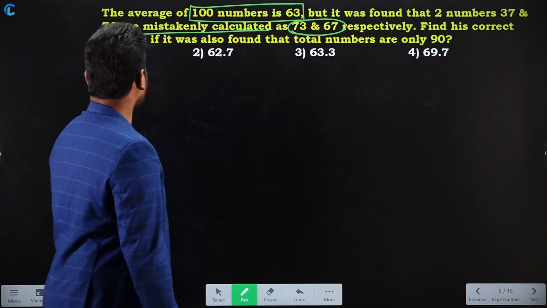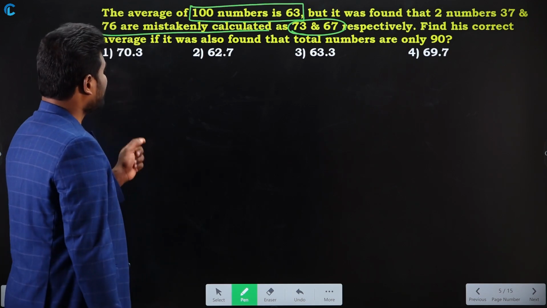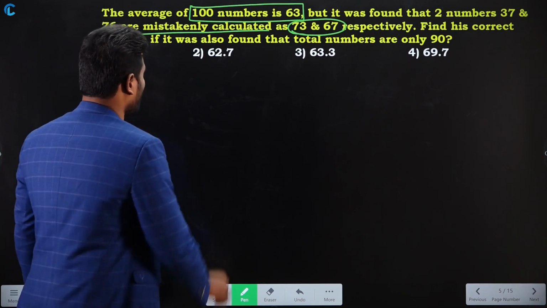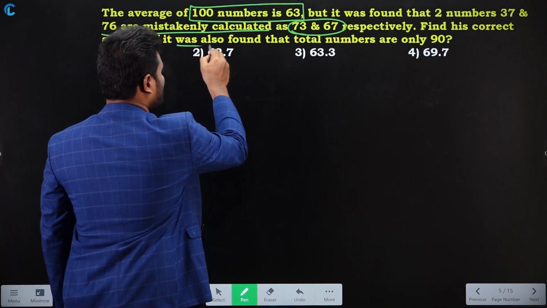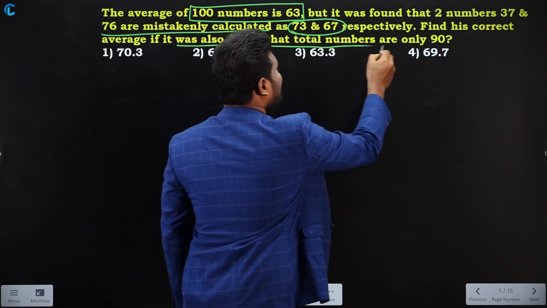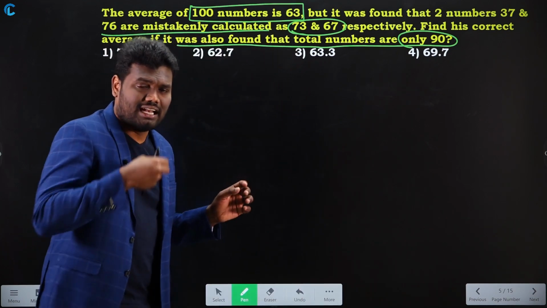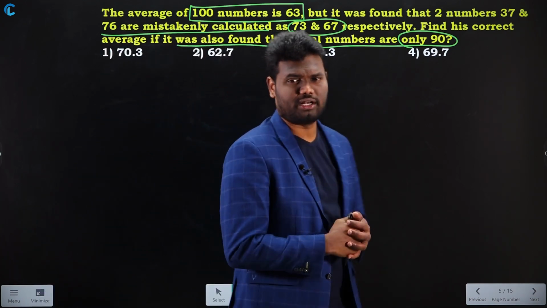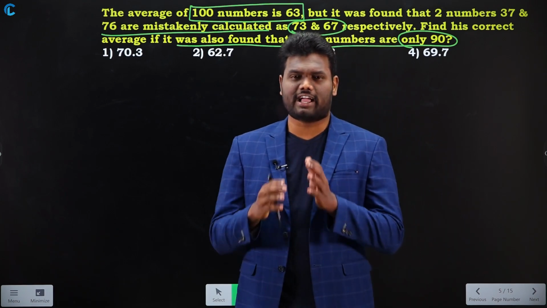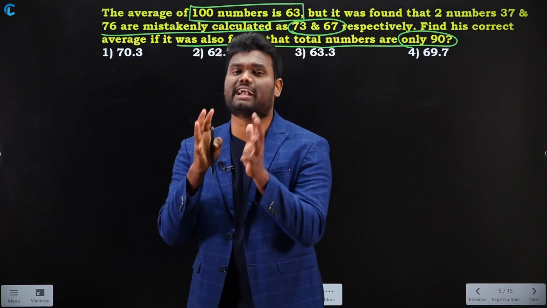Find the correct average if it was also found that, look here, this point is also important, the total numbers are only 90. Now this question is a little different from the previous question. Here, the first boy calculated for 100 numbers.